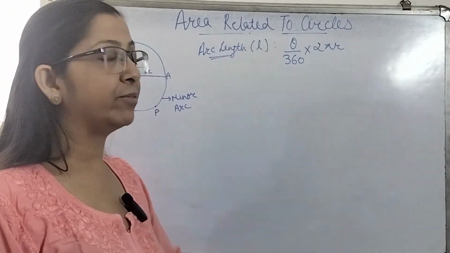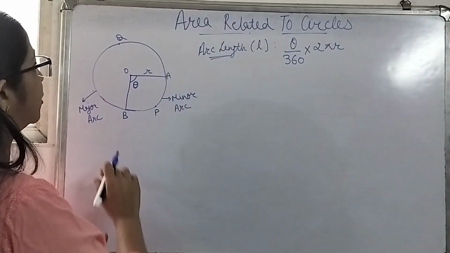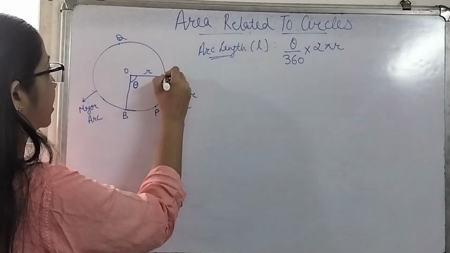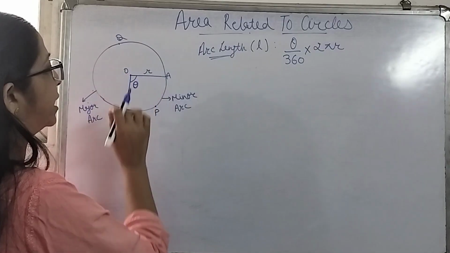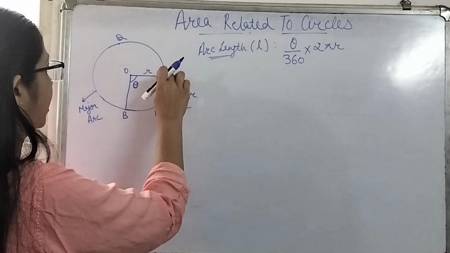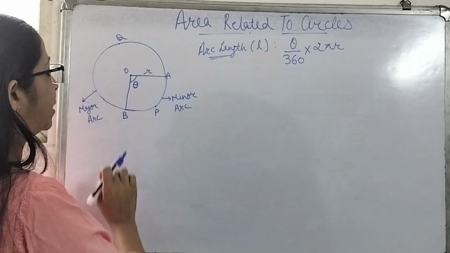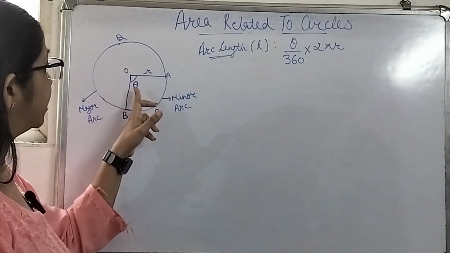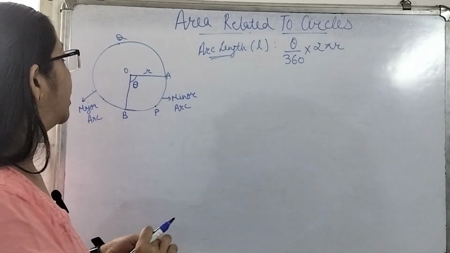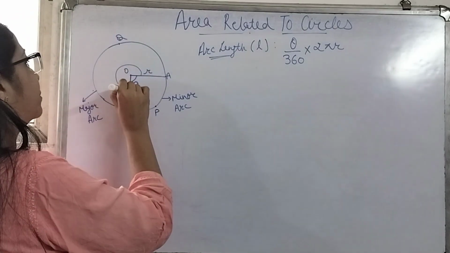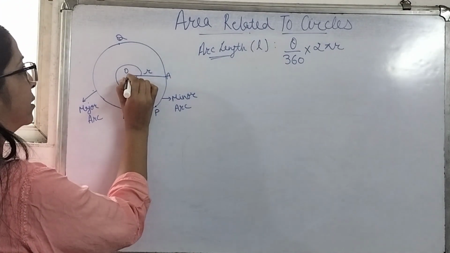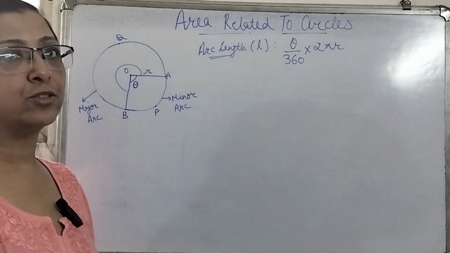Now let's see how we can derive this formula. Over here we have taken for the minor arc that the endpoints of this minor arc make an angle of theta at the center. Suppose this is the angle theta, formed by the endpoints of the minor arc AB. If for the minor arc the angle is theta at the center, what will be the angle by the major arc at the center? We know that the total angle at a point is 360.